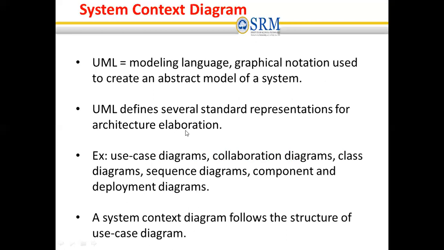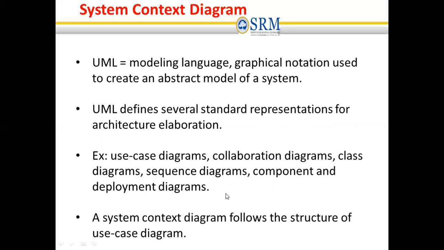UML defines several standard representations for architecture elaboration. For instance, to name a few, we can have use case diagrams, collaboration diagrams, class diagrams, sequence diagrams, component diagrams and deployment diagrams to represent the system.